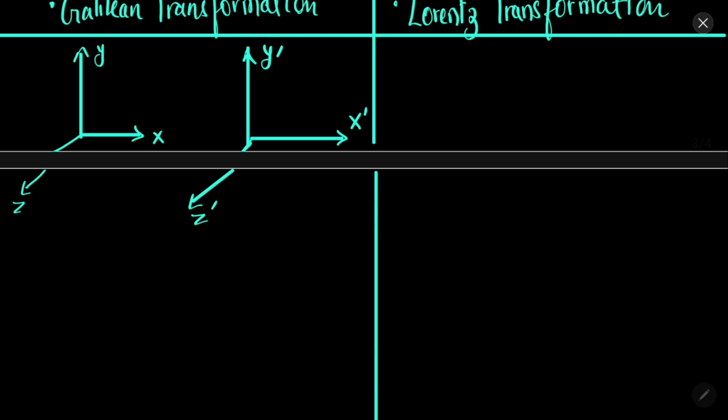Now let's again consider any object like this. The distance will be x1 of the closer part, and of the far off part it will be x2, and here the distance will be x1 dash, and of the far off point x2 dash.